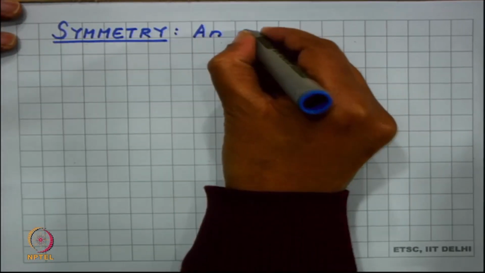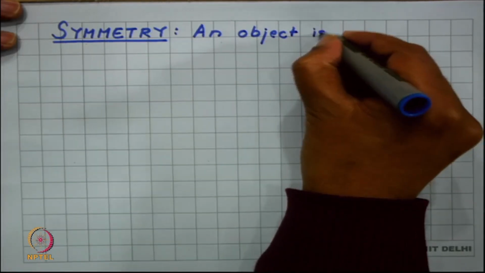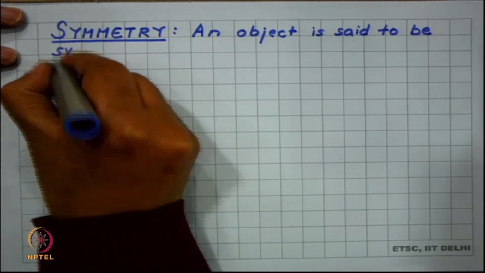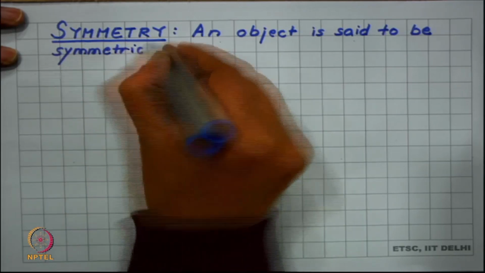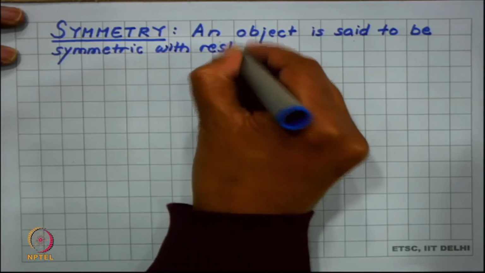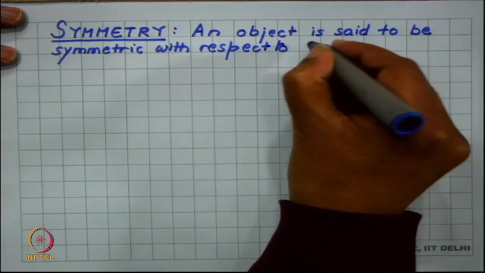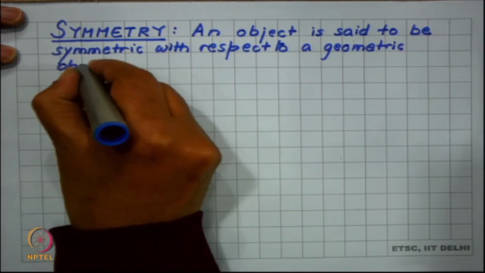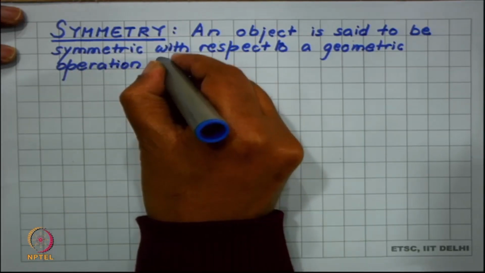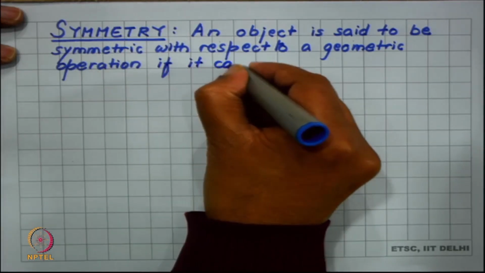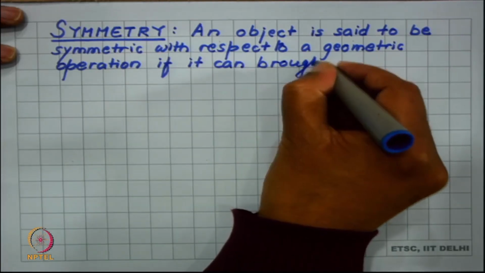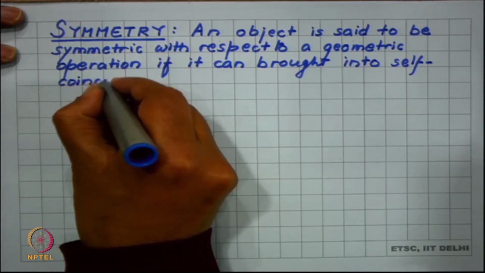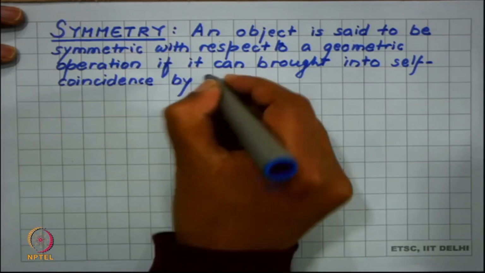An object is said to be symmetric with respect to a geometric operation if it can be brought into self coincidence by that operation.